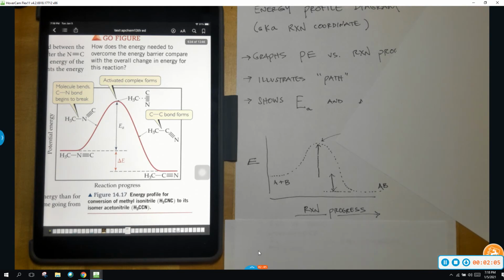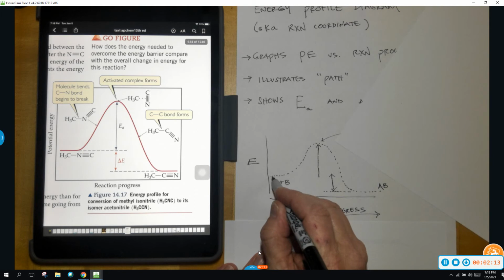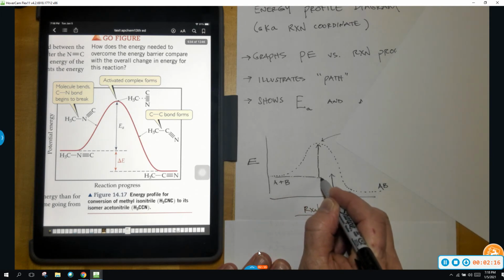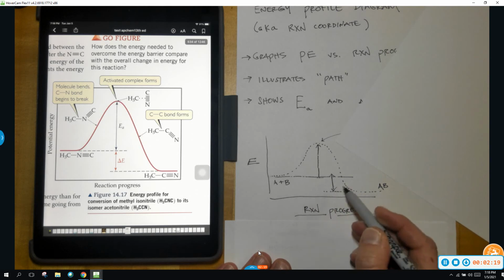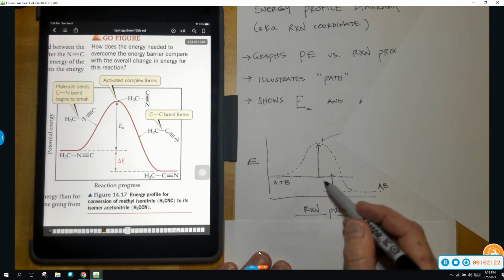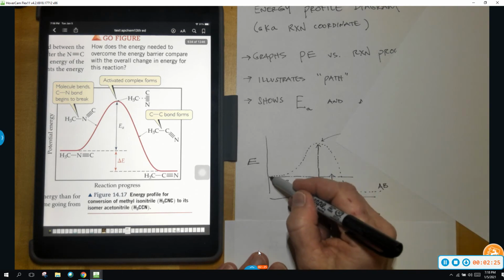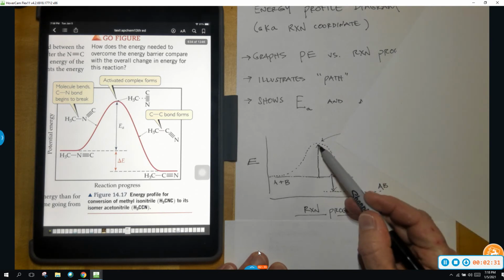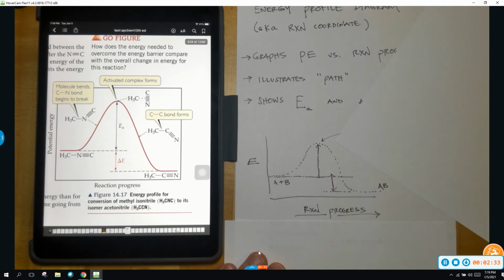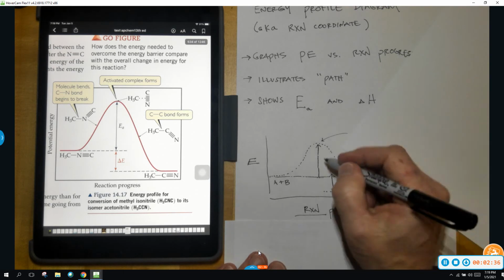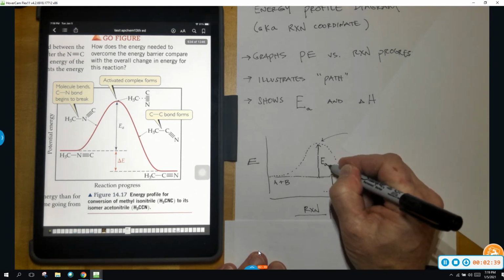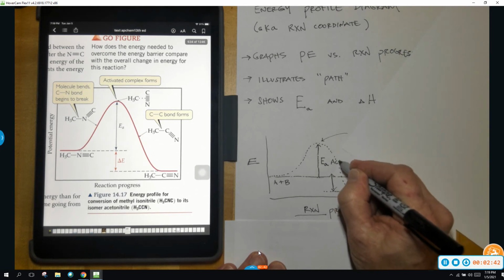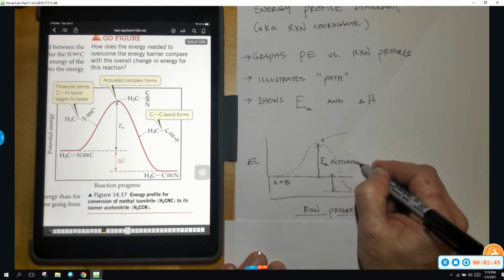Now I also have some arrows drawn in here, and those are really important because those are measurements that tell you about the speed or the progress of the reaction. If you draw a line right from the beginning right here, and it should be perfectly horizontal, I probably didn't do the perfect horizontal line right here, but this distance from the starting point, horizontal to the very tippy top of the highest energy hill right here, is called the activation energy, the E sub A, also known as the activation energy.